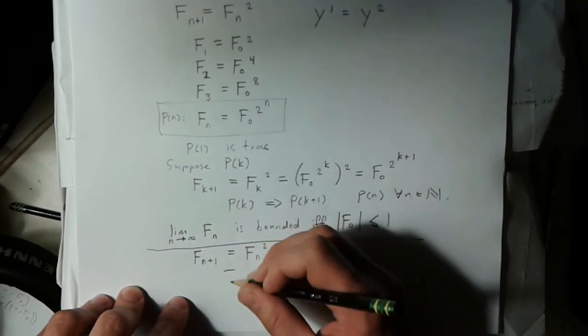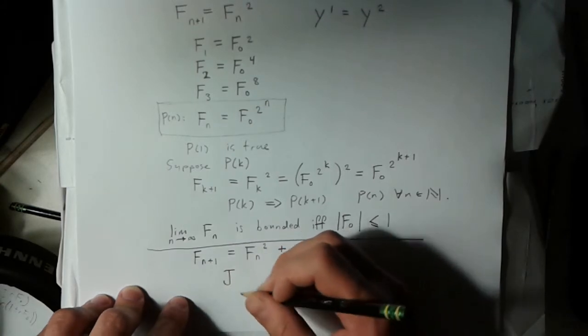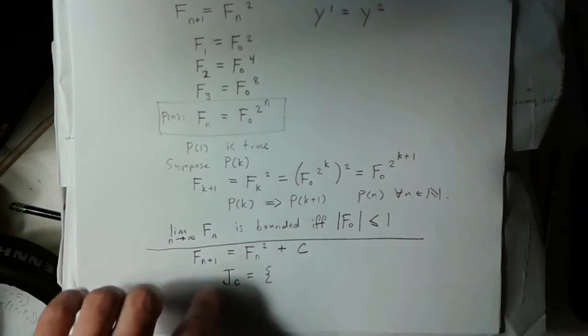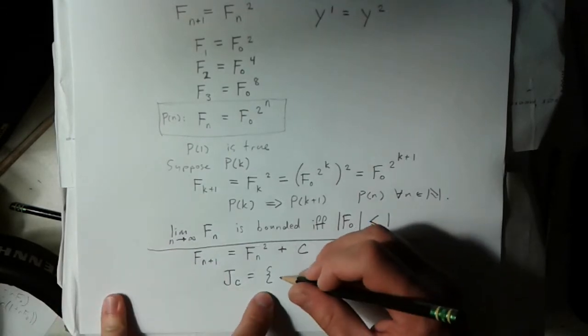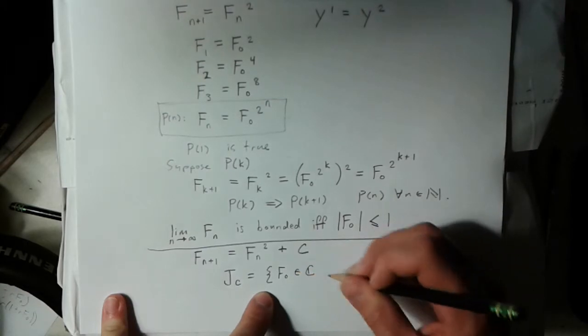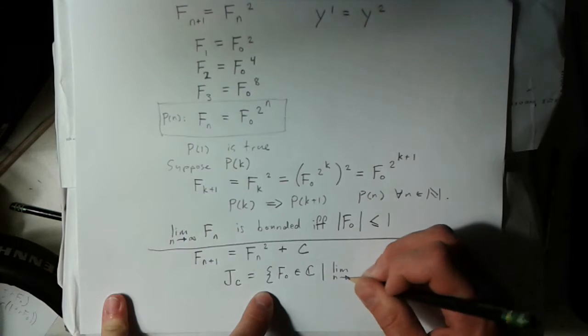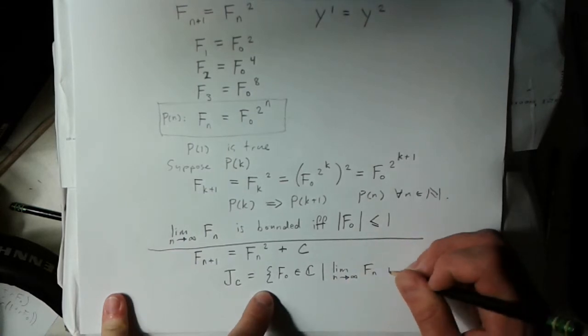But you can define this thing called a Julia set, or the Julia set of C is just the set of all starting points, f0, thinking of those as complex numbers, where the limit of the sequence is bounded.